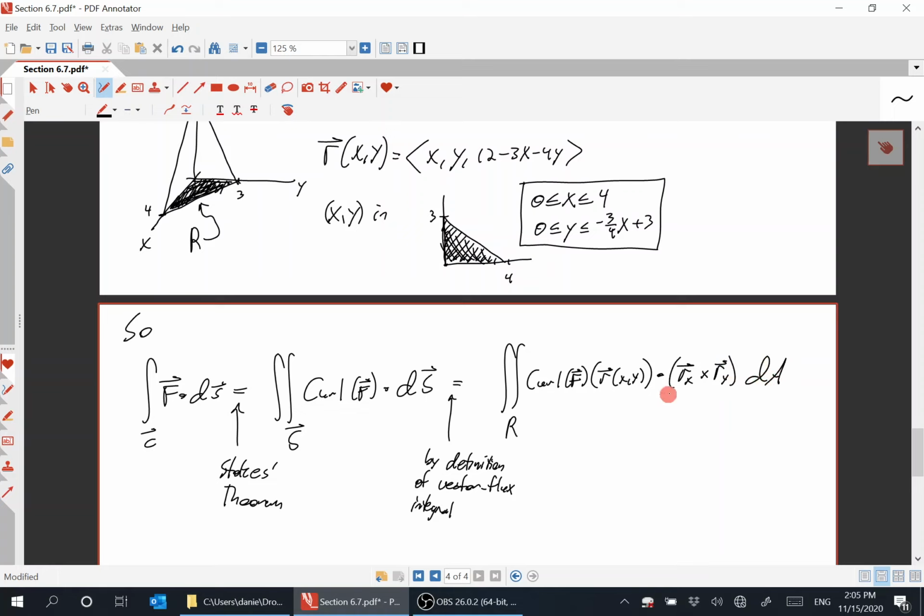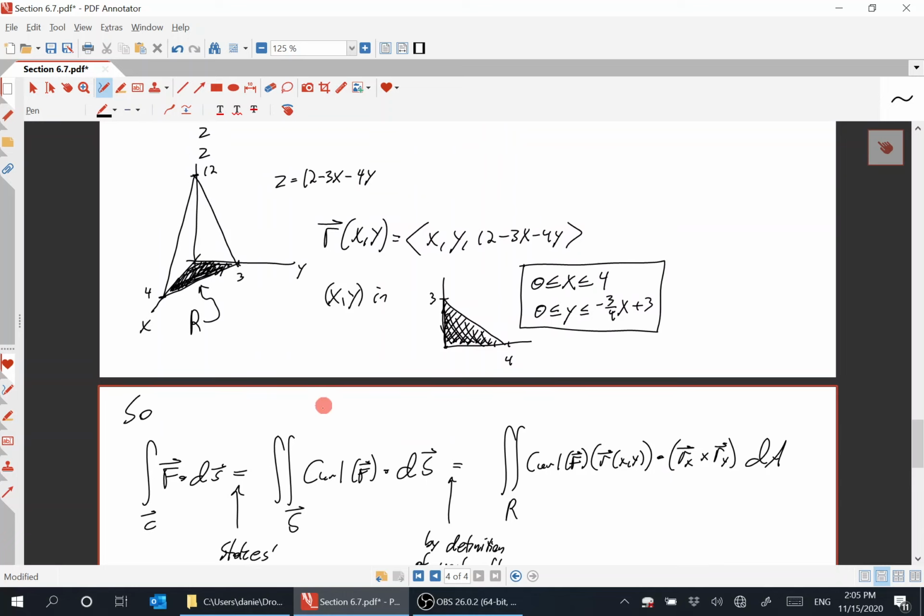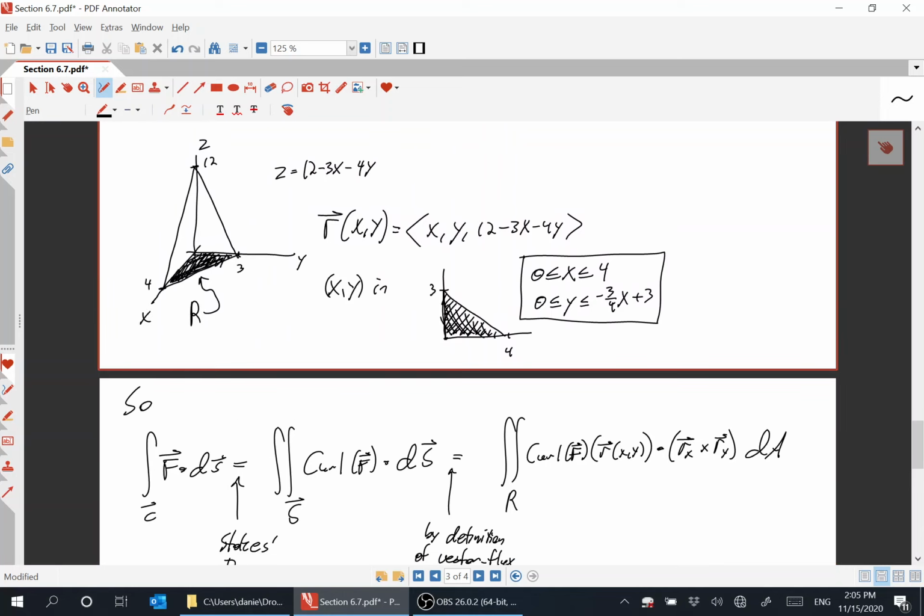There was that cross product, r_x cross r_y, because we're oriented in the upward direction. r_x is in this direction, r_y is in that general direction, so the cross product gives you the orientation in the upward, or outward, direction. You like to think of it more as upward when you're talking about the surface z equals f of x, y.